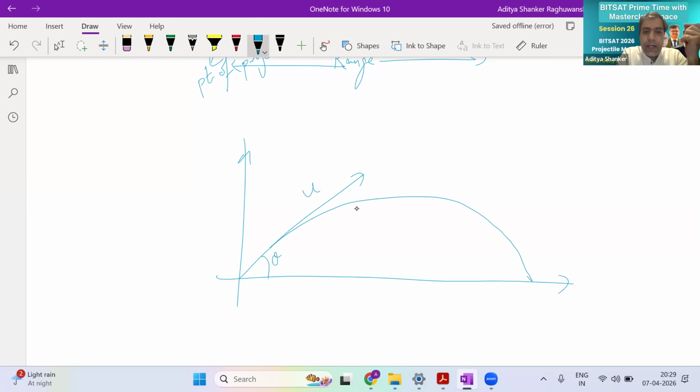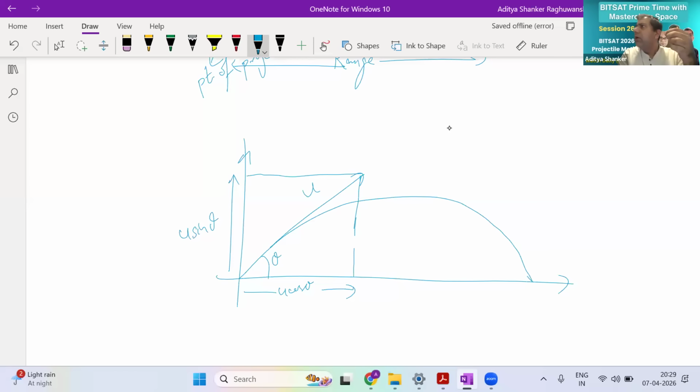So we can take components of this velocity. The horizontal component is called u cos theta. I believe you are aware. And the vertical component is called u sin theta. Hope that's also very much clear to you. Right, guys?